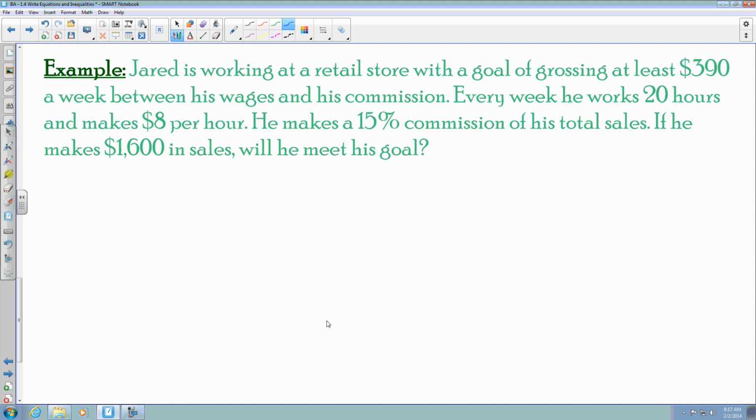All right, so what I'm going to pay attention to is the first part with Jared. Essentially, we know that he works 20 hours a week and he makes $8 an hour. So that's how much money he makes if he sells nothing. And then he gets a commission, a 15% commission. 15% as a decimal is going to be 0.15.